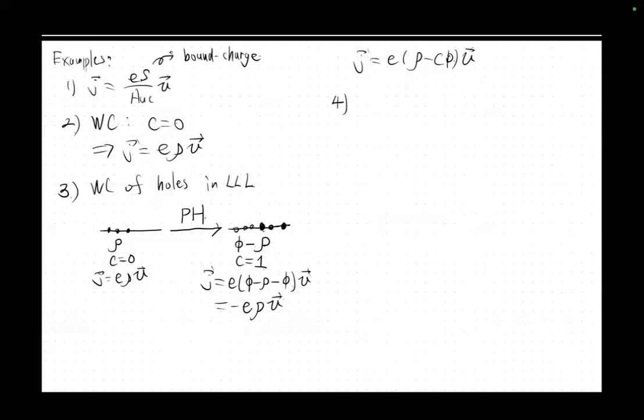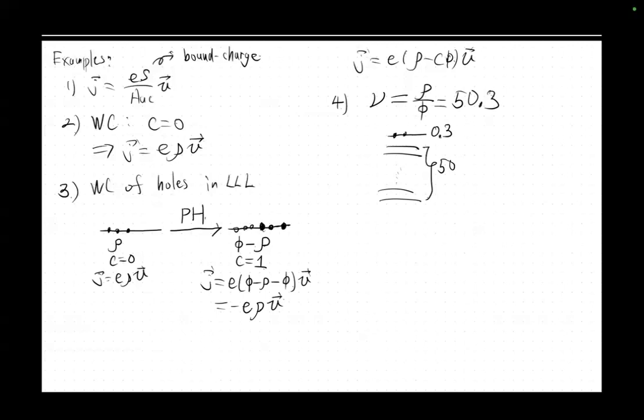Another intuitive example is to consider a filling fraction, nu, which is rho over phi, that is very large, let's say like 50.3 or something. Then if you think about what kind of state you might get, the natural state to write down is to fill 50 Landau levels and then just add 0.3 electrons in the top Landau level.